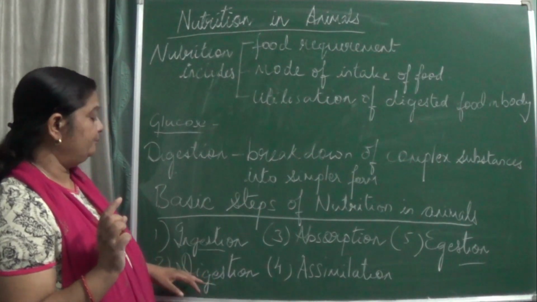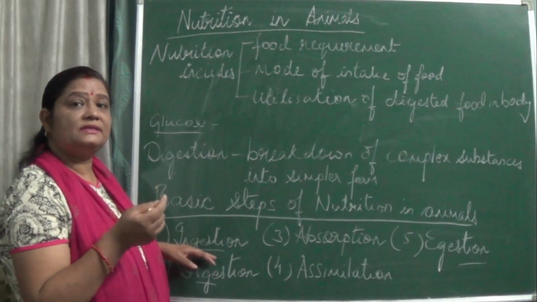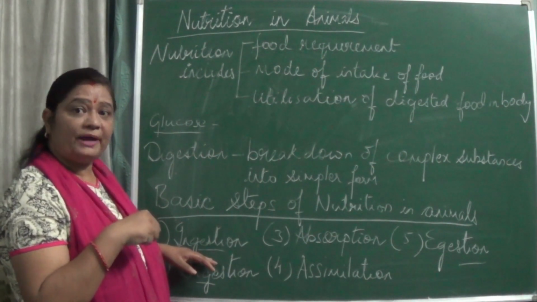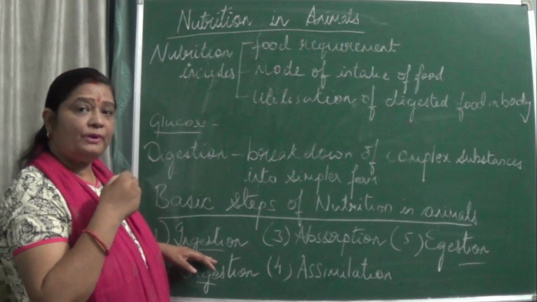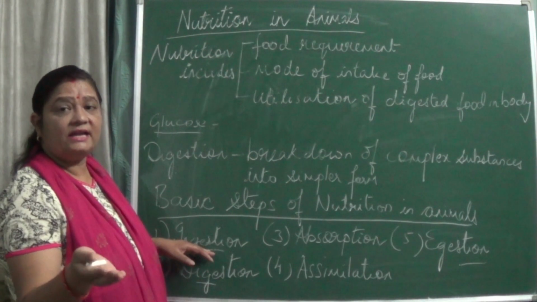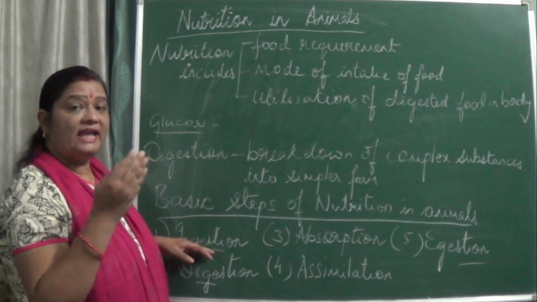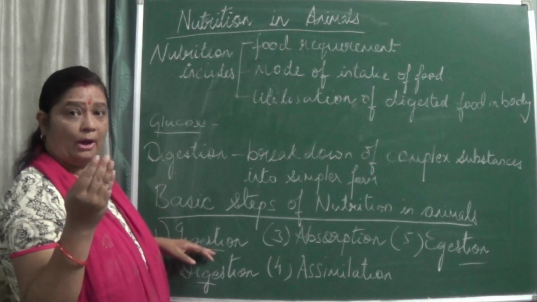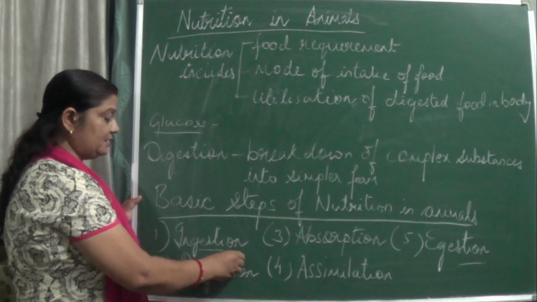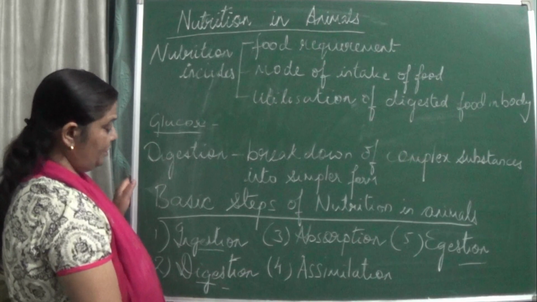Now after that the food, what happens? It enters the what? Food pipe. From the food pipe it goes into the stomach, and then it goes into the small intestine, and then it goes into the large intestine, and then it is given out. Digestion in detail we will be studying later, but I have given you a brief idea.